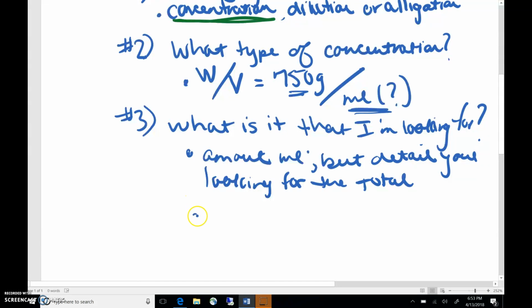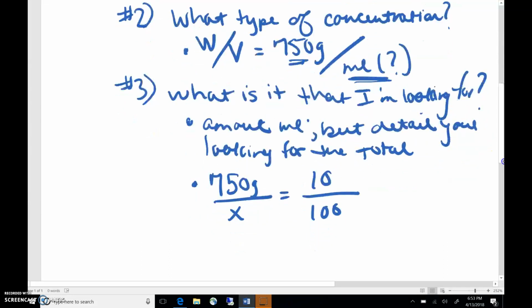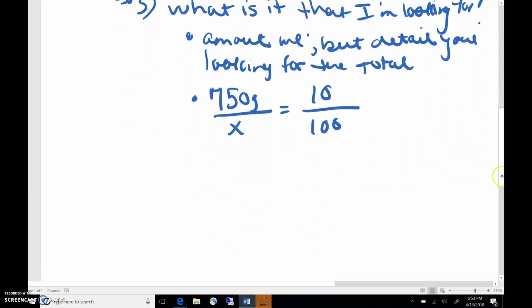So in order to solve this problem, you're going to use that formula where you take your active, which is 750 grams, over X equals the percentage, which is 10%, which is 10 over 100. And we can continue to solve this by crisscross multiply. So that is 10x equals 75,000, because 750 times 100 is 75,000.